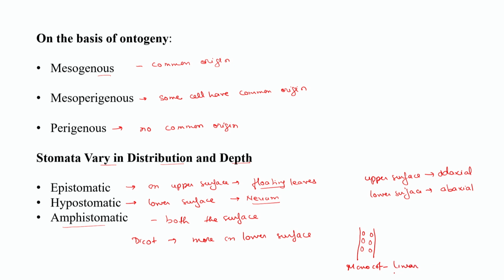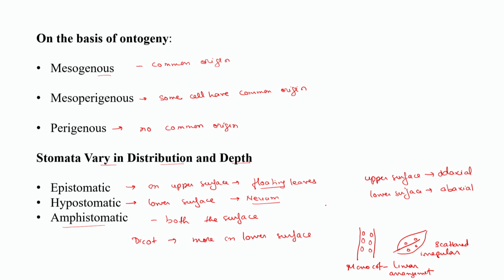And when we talk about the dicot leaf, then it has irregular distribution of stomata, or you can say scattered. Stomata are scattered in dicot, whereas in monocot they are arranged in a linear fashion.